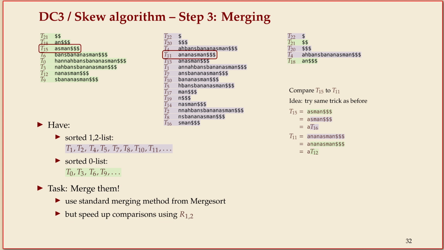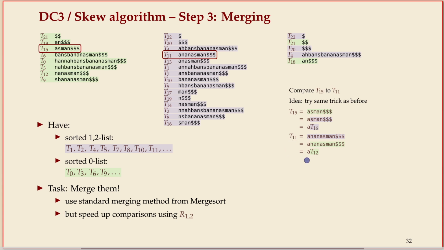The general situation is where you could have some long strings. So let's try the same trick that worked for step 2. This is one from the green run. This is one from the blue run. If I remove the first character, what's left is some suffix from the blue group. So it's A followed by T16.